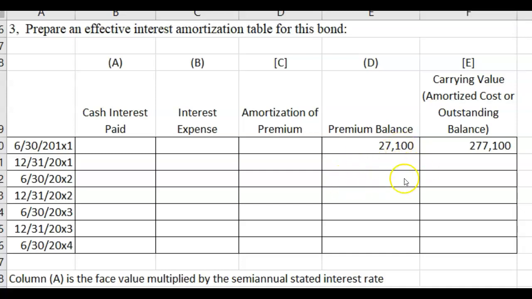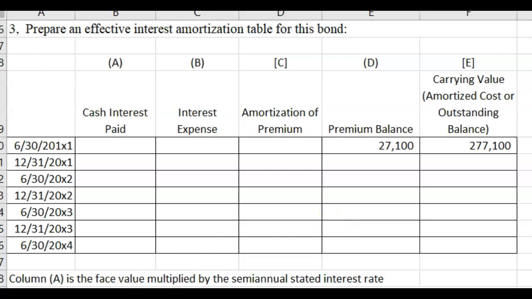As the premium balance goes down to ultimately zero, so too will the carrying value of the bond. Why don't you go ahead and complete this bond amortization schedule? You will have a rounding problem at the bottom. Go ahead and solve the rounding problem like we did in the last video. And when you're finished, check your work.